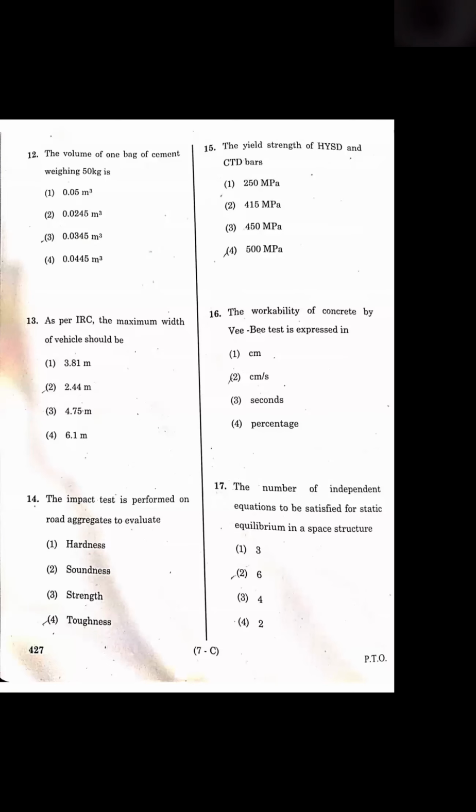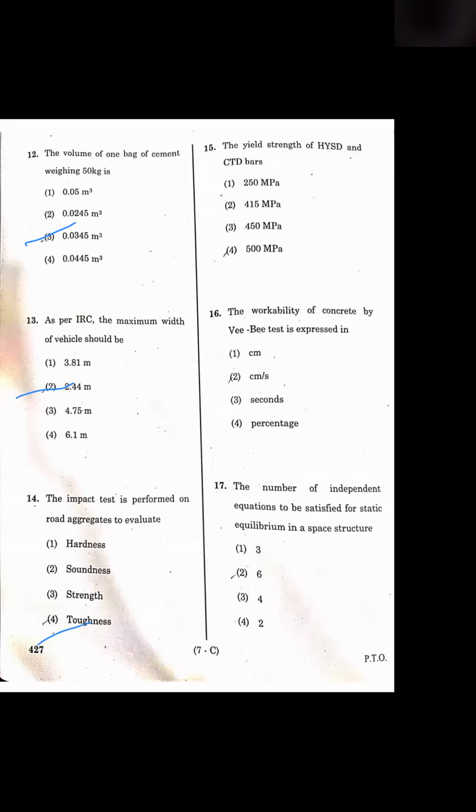Next, the volume of one bag of cement is equivalent to 0.345. Then, as per IRC, the maximum width of the vehicle should be 2.44. The impact test is performed on road aggregate to evaluate toughness.